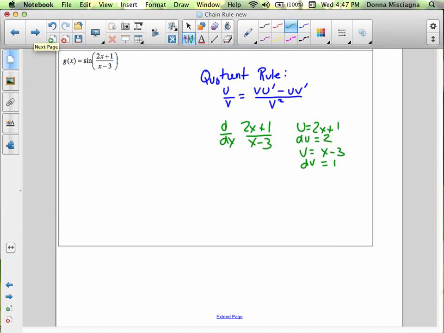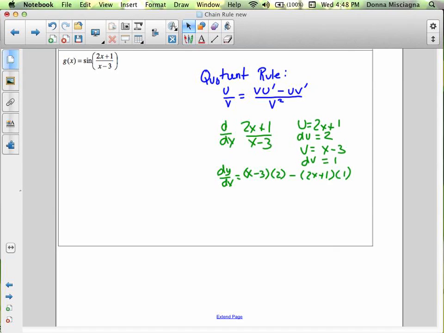So we have the derivative just of this part. I'll just put dy dx here. Equals, so we have the denominator, which is x minus 3, times the derivative of the numerator, which is 2, minus the numerator times the derivative of the denominator. So that's going to be 2x plus 1 times 1.